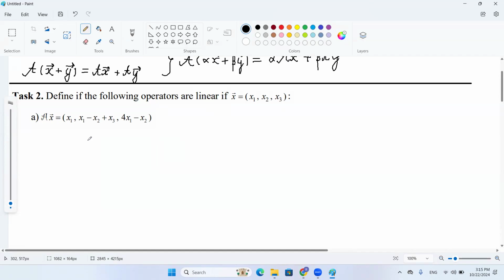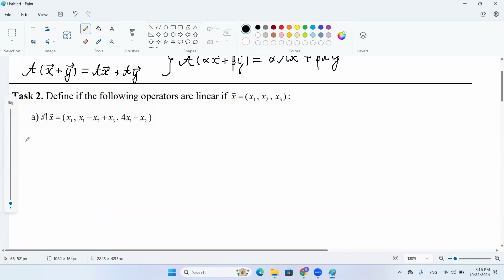So how does it work? We have vector x that contains elements x1, x2, x3. And the operator transforms vector x to another vector, whose coordinates look in the following way: x1, then x1 minus x2 plus x3, and then 4x1 minus x2.